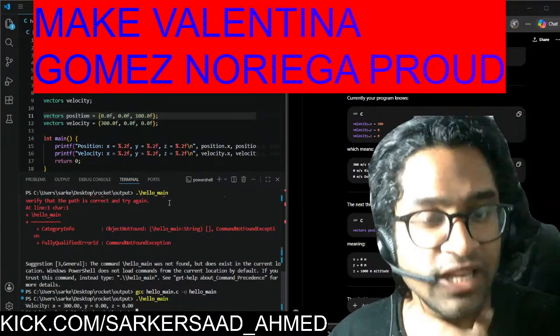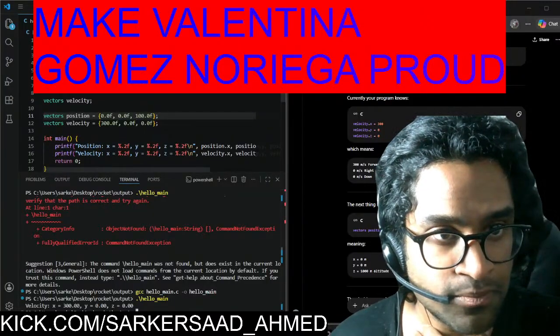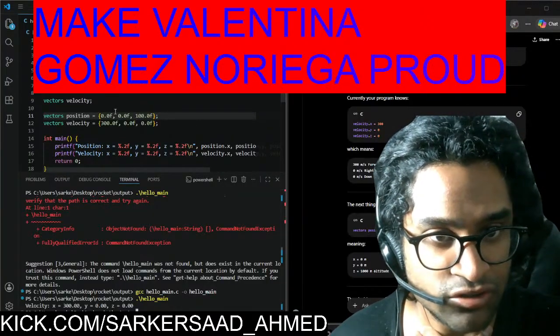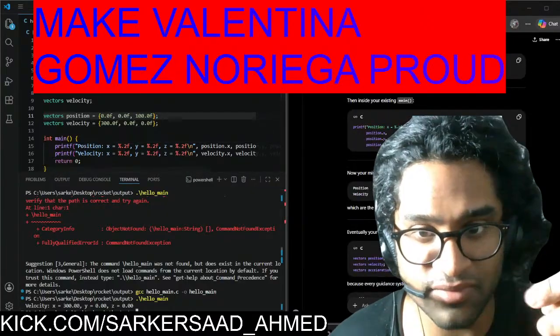That's the thing. I'm only getting velocity. Why am I not able to get position? Is it because you have two variables for the same thing?